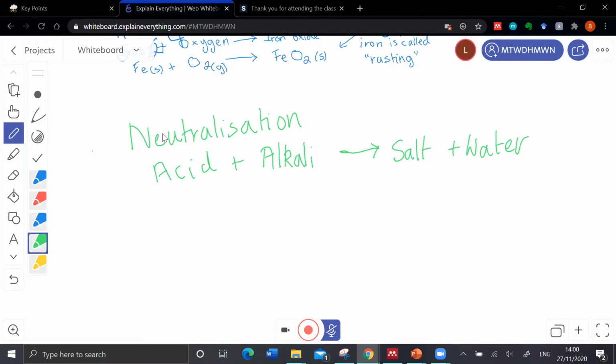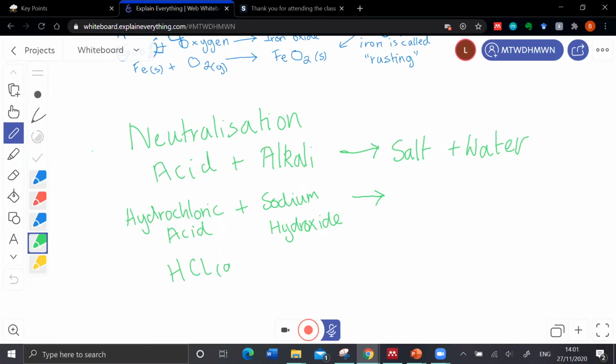Okay, so let's look at a classic one. We'll have hydrochloric acid plus something called sodium hydroxide. I won't write what it equals at the moment. You can have a think. So HCl, we saw that before, is aqueous. Sodium hydroxide, NaOH, is also aqueous.